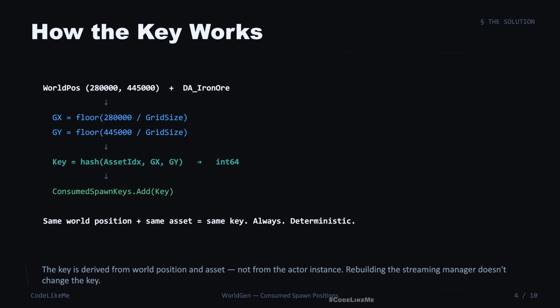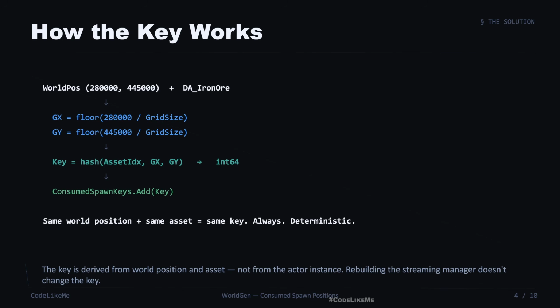This is always deterministic, so you can use it in conjunction with your save and load system as well, so that you can make the state of these consumed items persist across different sessions.